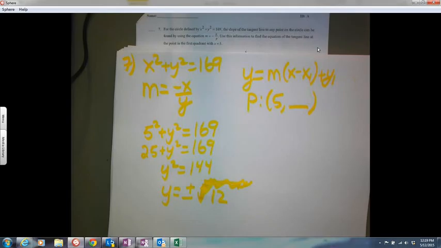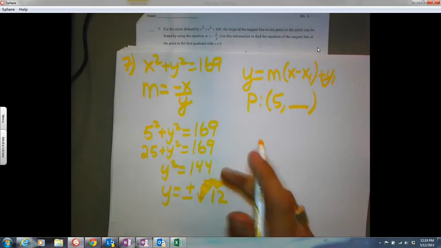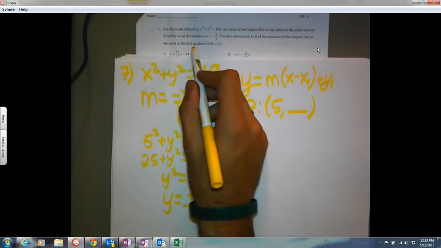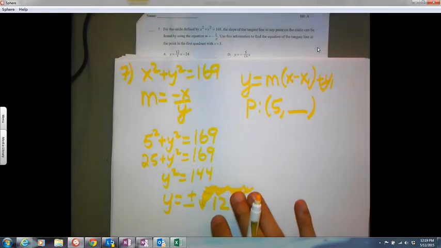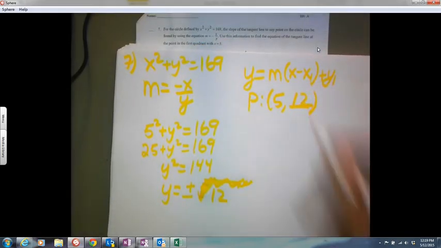Now the question is, do I want to use the positive 12 or the negative 12? Well, it tells me that the point is in the first quadrant. That means y has to be positive as well. So there's our point. Now we've got to find the slope.